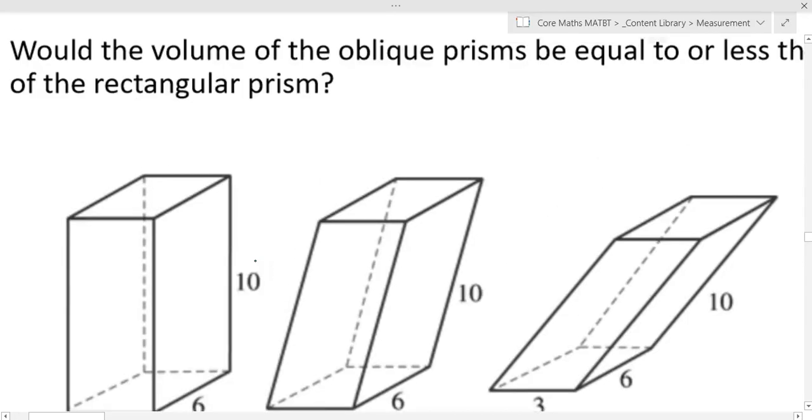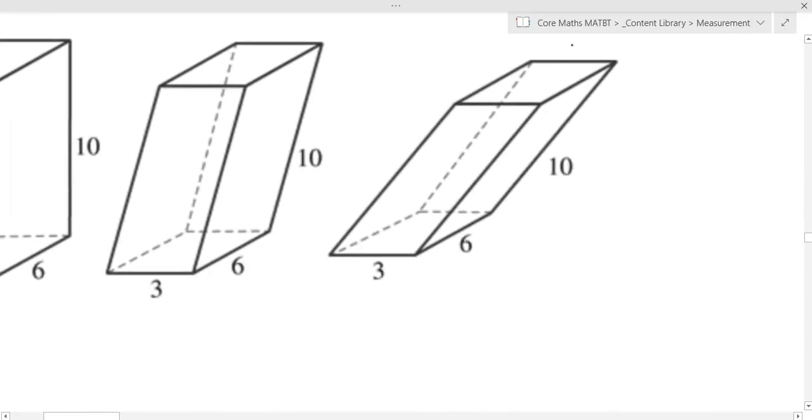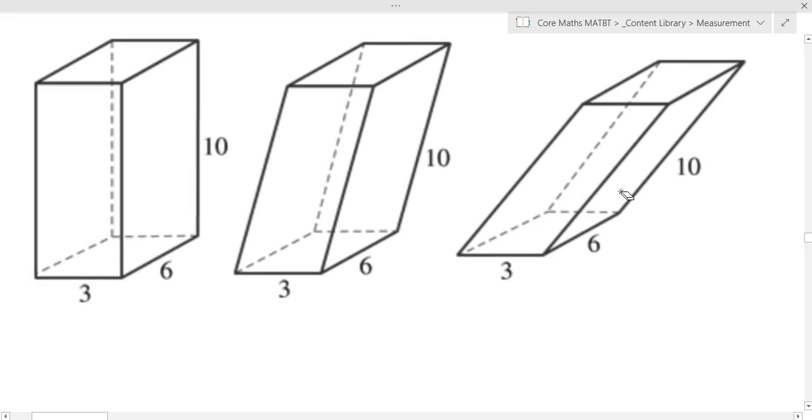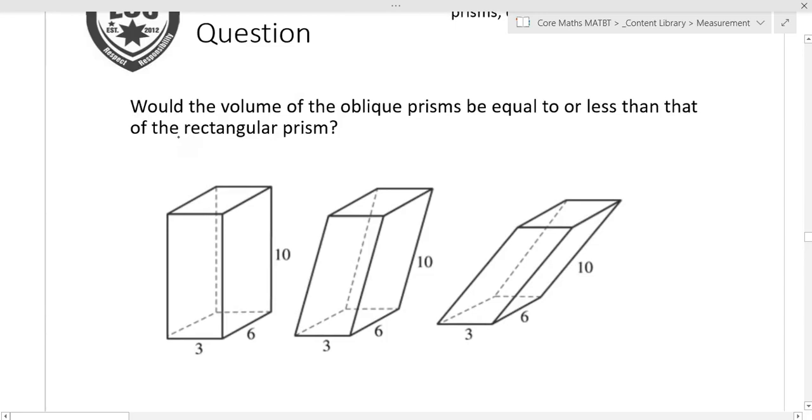If you think about some oblique shapes, or an oblique prism, it's something that looks like a rectangular prism but is kind of slanted. What do you guys think might happen to the volume of the shape as it gets more and more slanted? Any idea? Probably less, right? Because the area inside the shape is getting smaller and smaller.